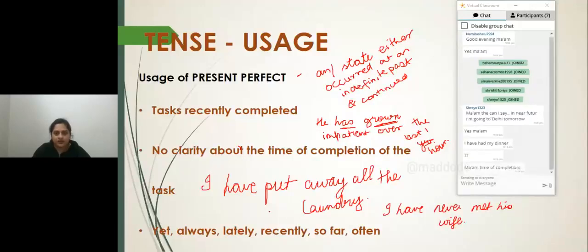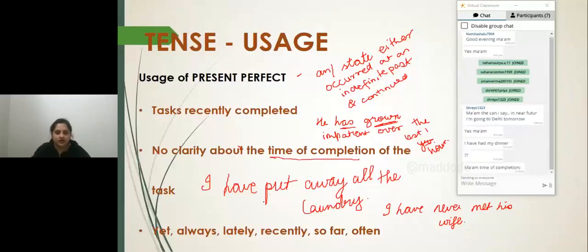Now, very important is time of completion, meaning no clarity about the time of completion. That we don't know when this will be over. Okay.